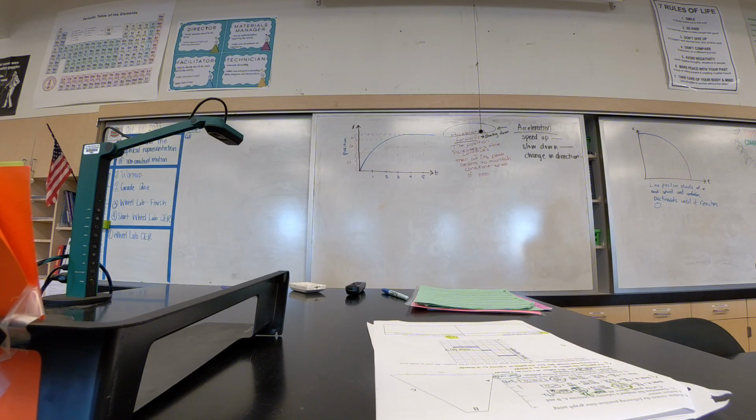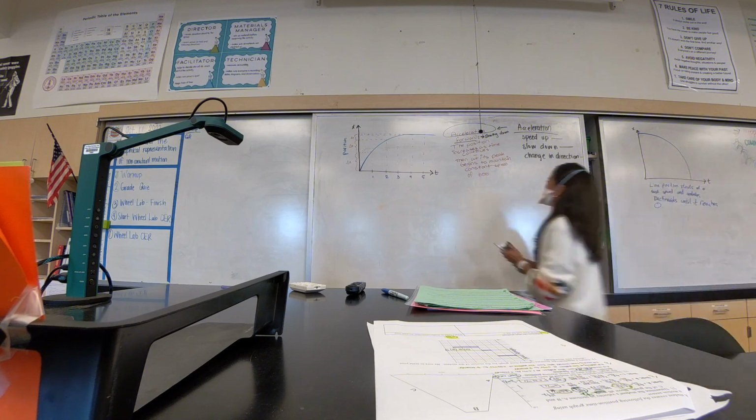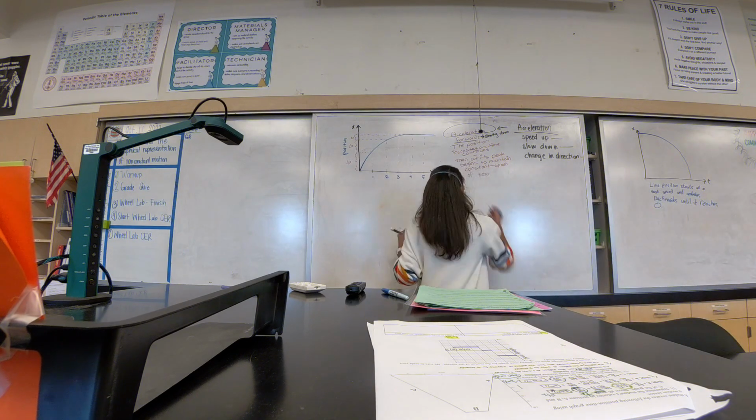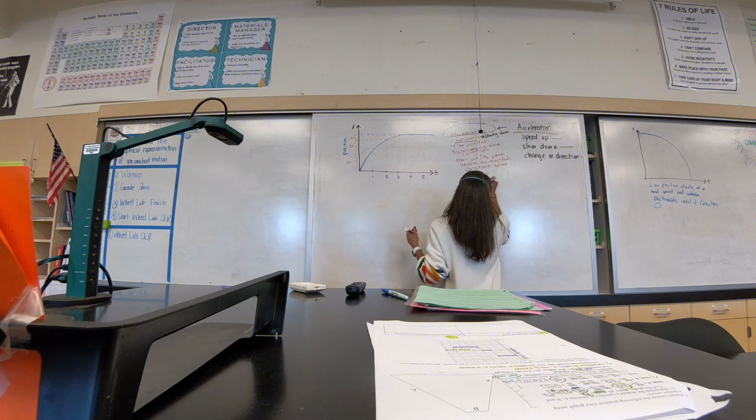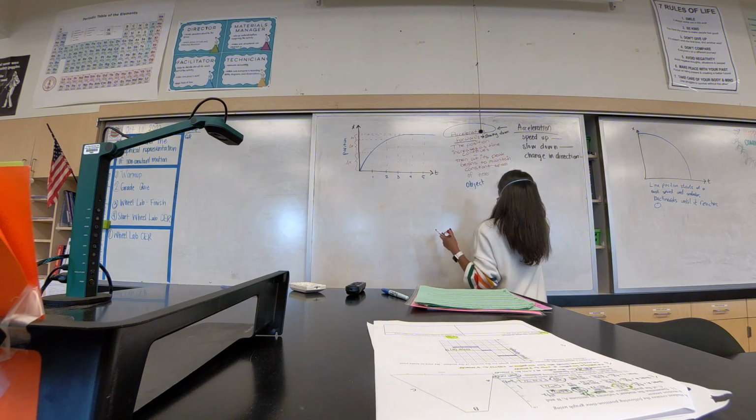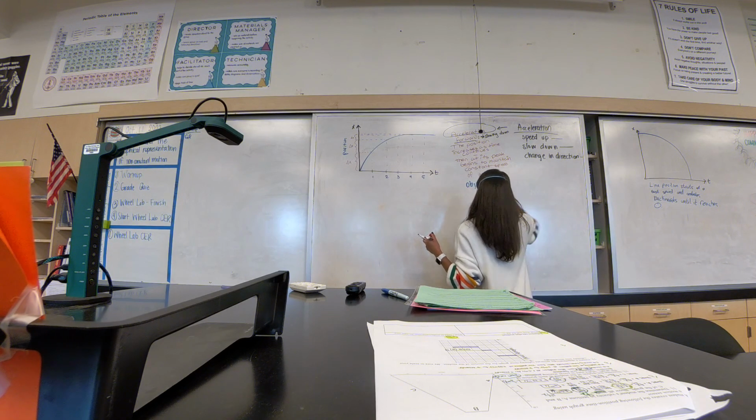Or is it moving? What do you guys think? Constant speed of 0 means what? It's standing still. Thank you. Roberto snuck in and saved the day. Constant speed of 0, object at rest. Ends, let's say ends its motion at rest.